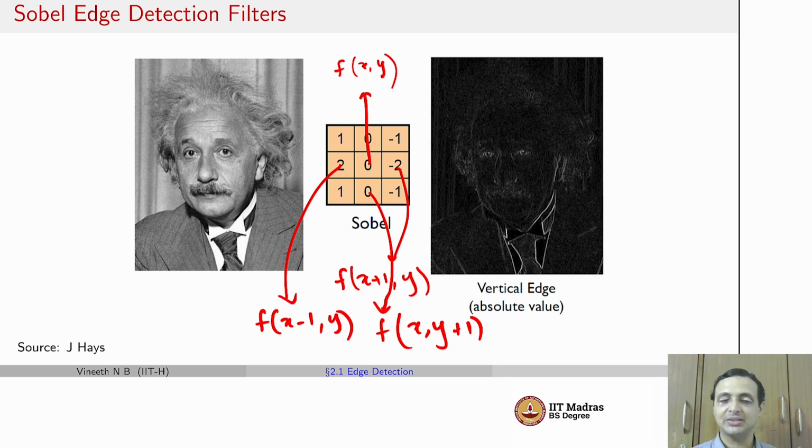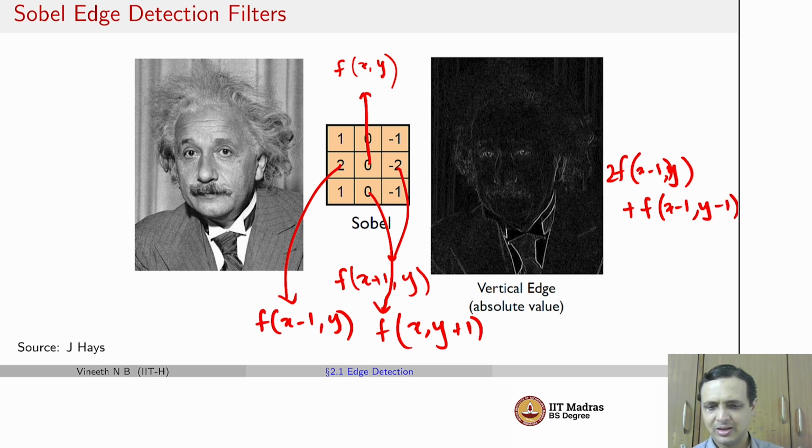In this case, you can say the derivative is being defined as f(x-1,y) times 2, plus f(x-1,y-1).